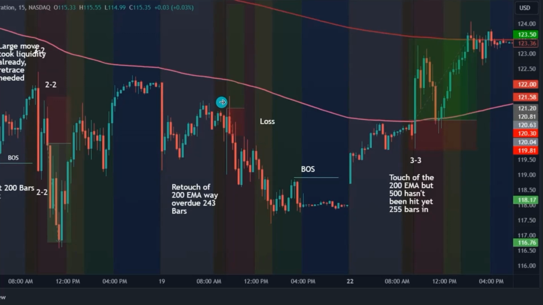This is a perfectly legitimate trade. However, it is a loss, and you want to make sure that you put your stop loss below the body of the candle, not the wick, because you would have had a huge loss if you would have done that. So you put your stop loss below the body of the candle, and you have a small loss.